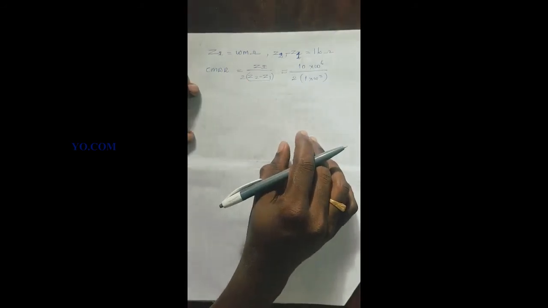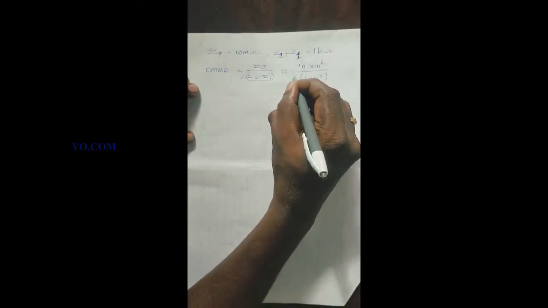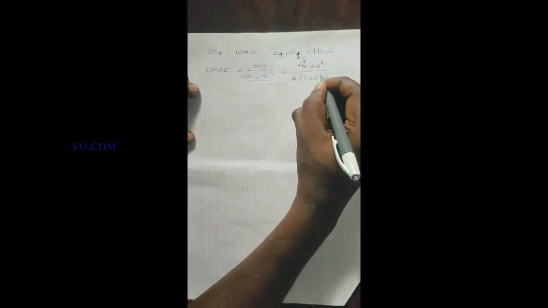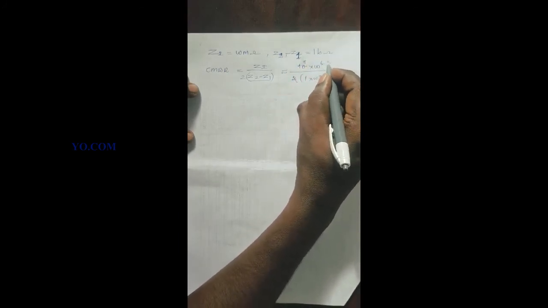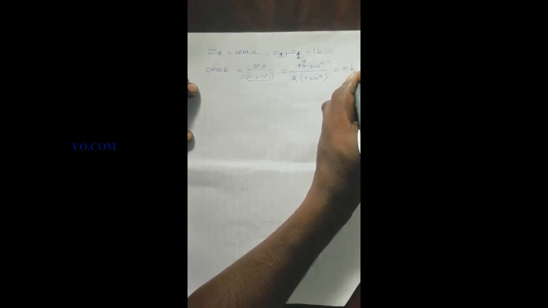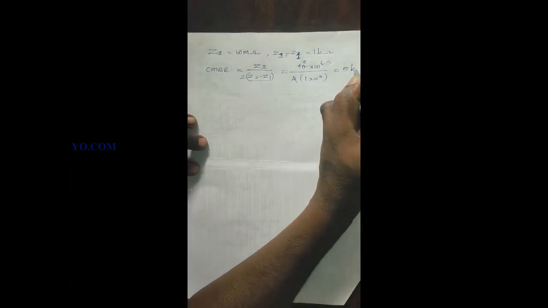Then multiplying, we get 5 into 10 power 6 minus 3, that is 5k. The CMRR is 5000.